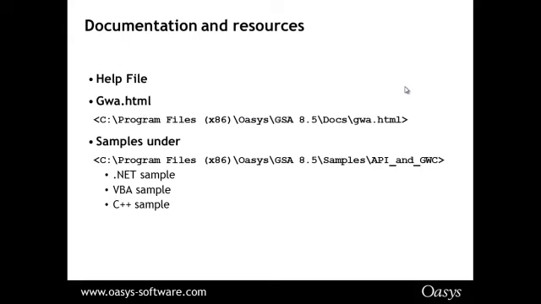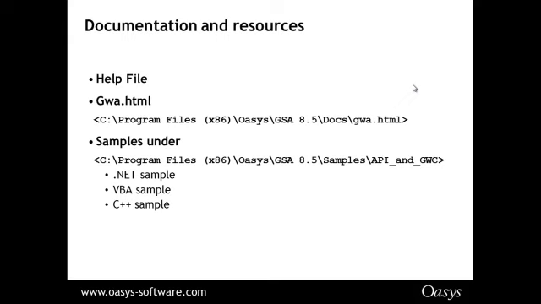So the samples, there are 3 types of code samples that are installed with GSA. You've got a C++ sample, which is a fairly simplistic program that opens a file, analyzes it, and closes it, and it just demonstrates the use of the GSA COM APIs from a C++ program.